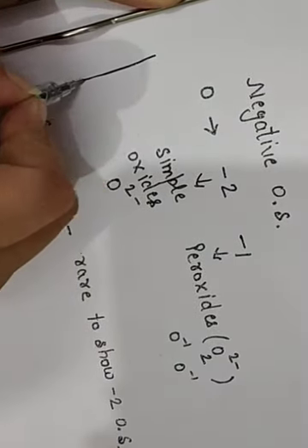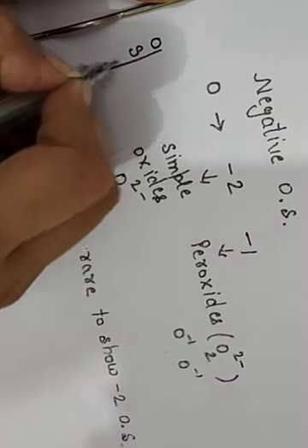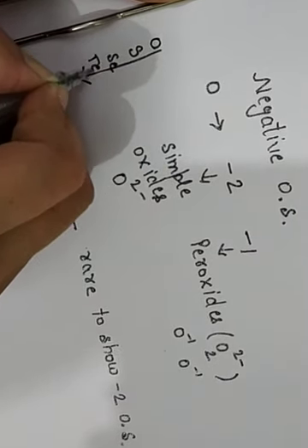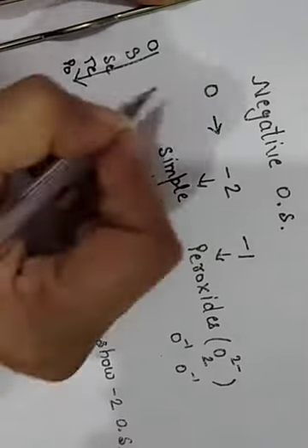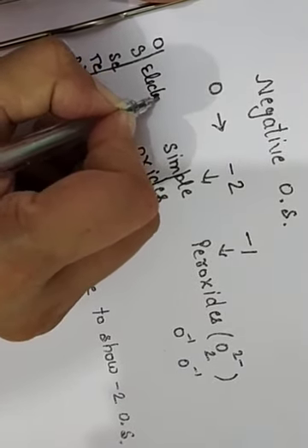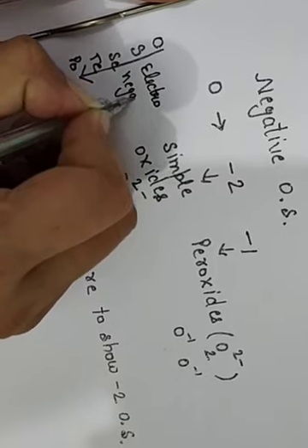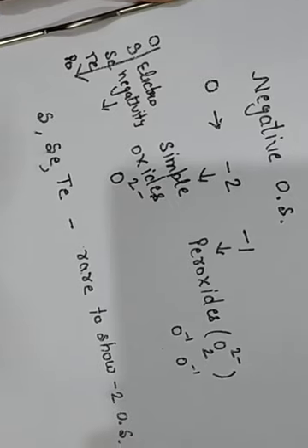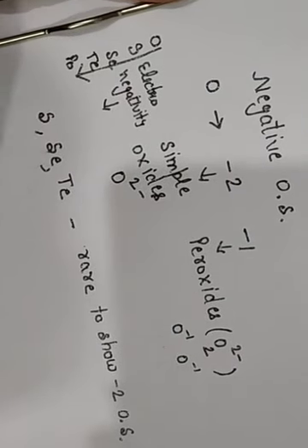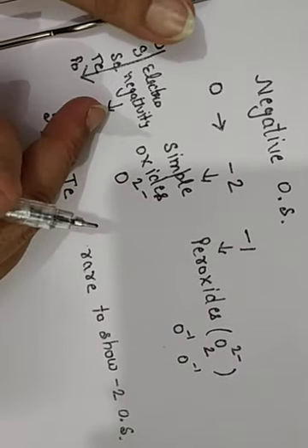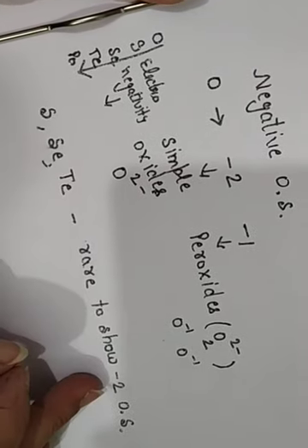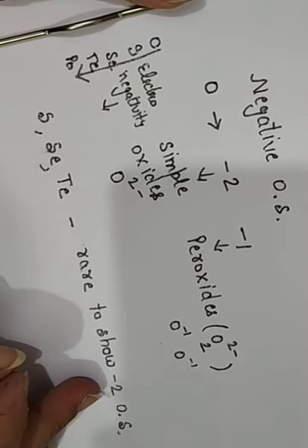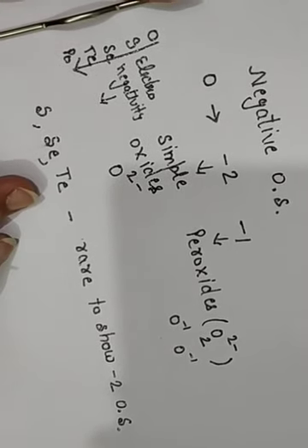Because as we move down the group, that is oxygen, sulfur, selenium, tellurium, polonium, electronegativity decreases. It means the tendency to attract electrons, to gain electrons, decreases. Hence, to show the -2 oxidation state in their compounds is very difficult for these elements.